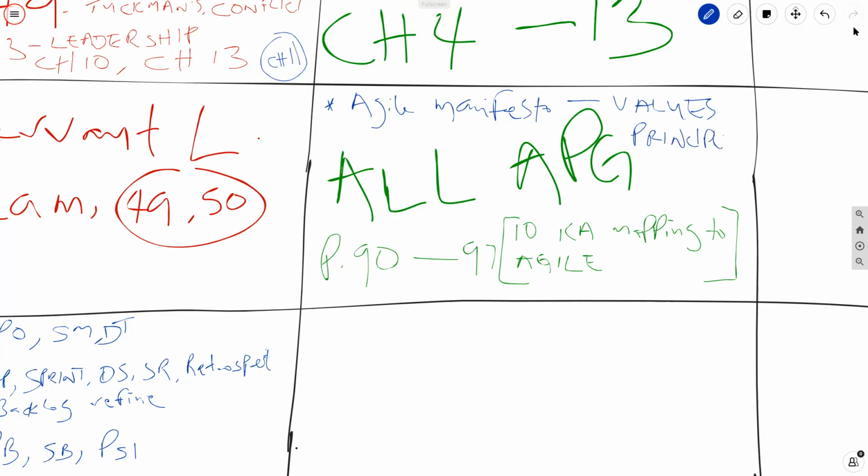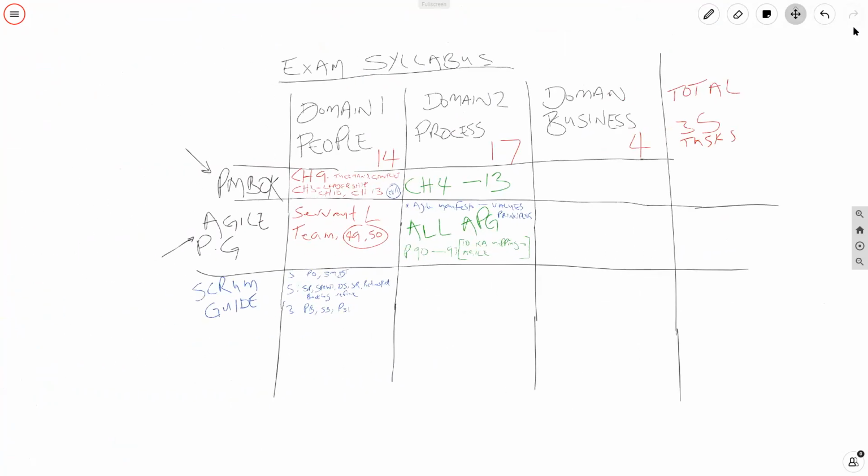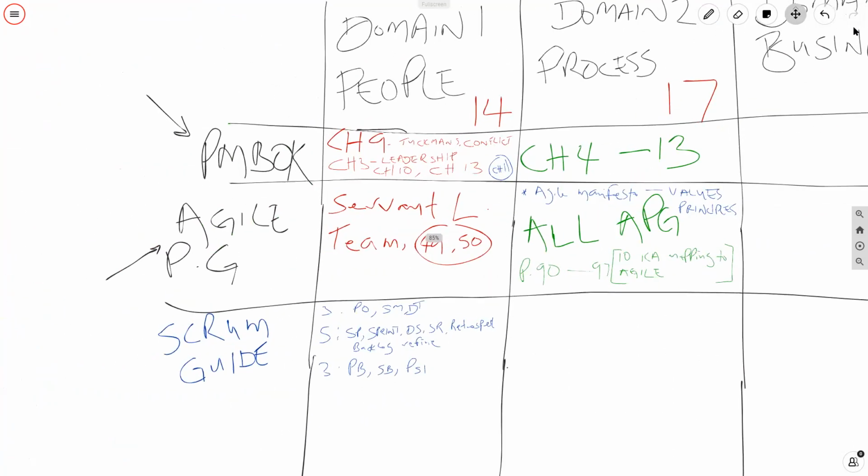I cannot tell you how important this is, my friends. Super important, super important. Also, for the people domain, let's just put it here, the Agile manifesto, because this will help with your thinking.